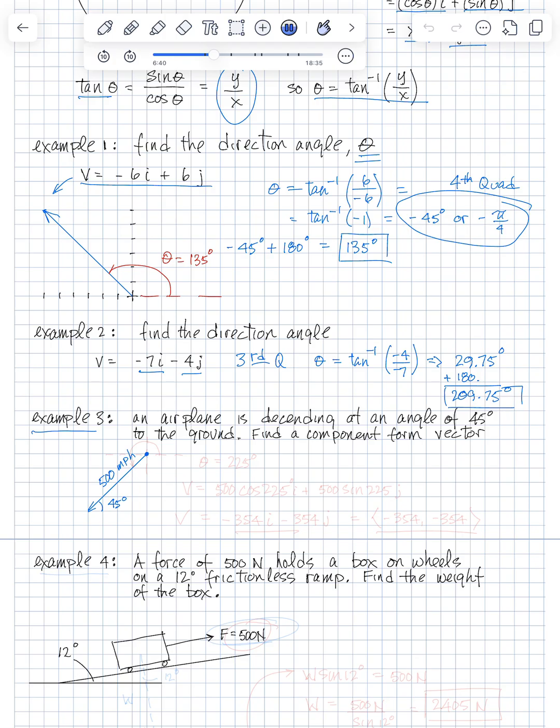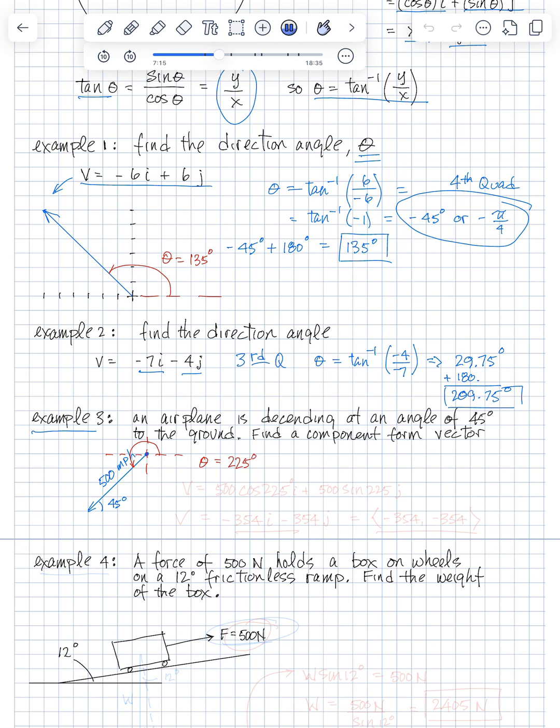So we want to find the component form, except we want to use not the angle 45. We have to figure out what the angle is that it makes with the x-axis. And so here's our axis. We're looking for this angle right here. That turns out to be theta is equal to 225 degrees.